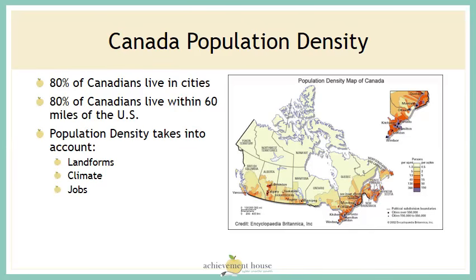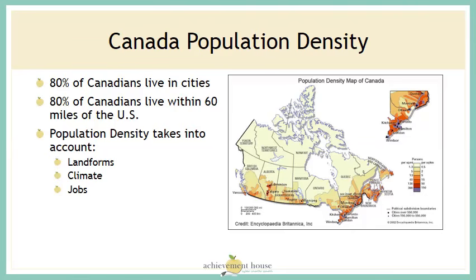Population density takes into account landforms, climate, and jobs. On earlier slides, we saw that most of the northern region of Canada is a landform of the Canadian Shield and the tundra, and the permanently frozen ground, which was permafrost.